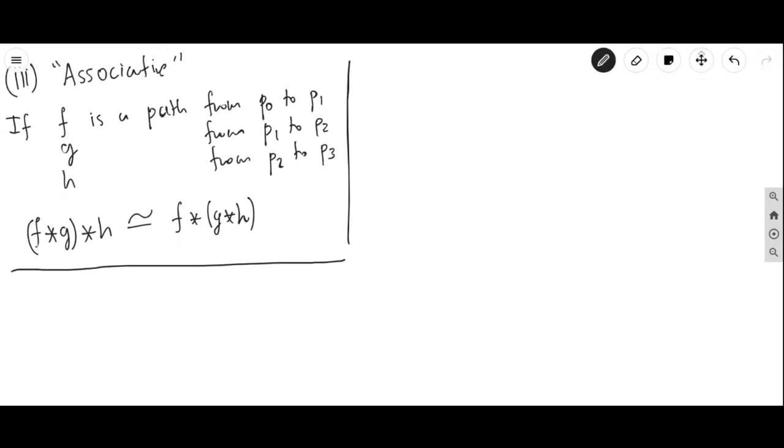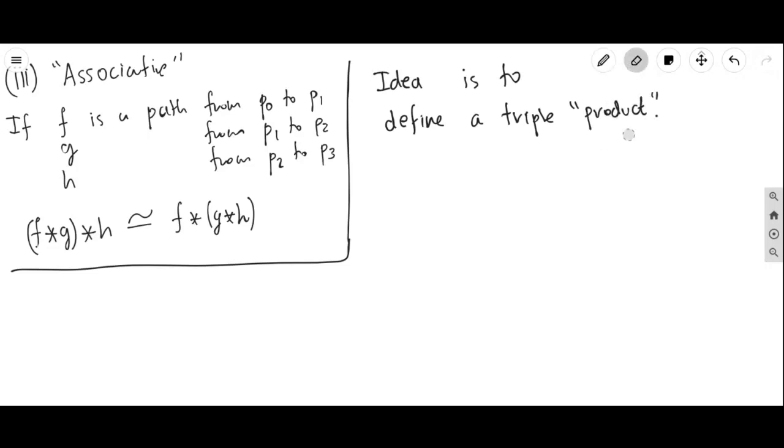So the idea that Moncrief has is to define a "triple product." Now, product means you multiply two things together, you combine two things together. So when you have three things, you do it two at a time.